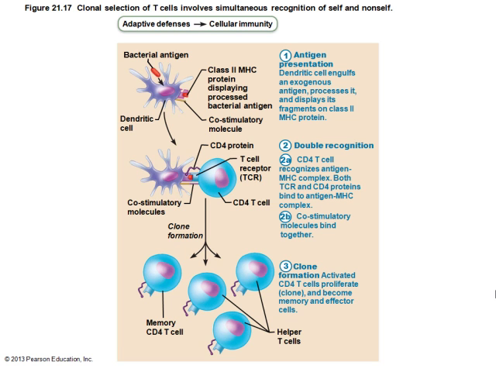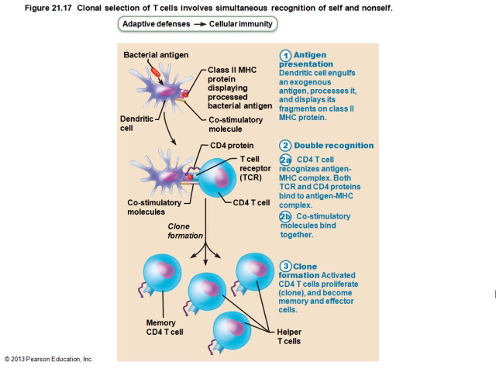Activation and differentiation of T cells talks about some of the different ways that T cells become activated. This diagram, I think it's 21.17. Yes, it is, 21.17 on page 787, helps to show us some of the different ways to activate T cells.